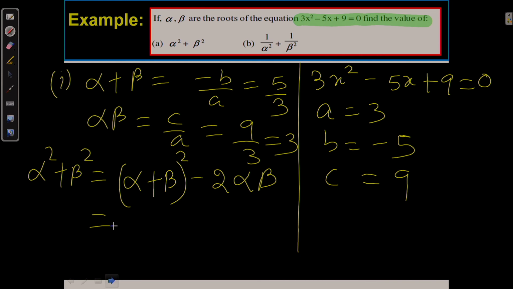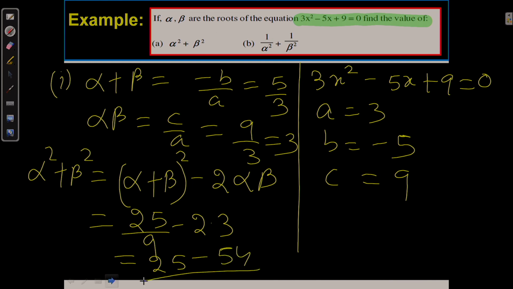So 5 by 3 whole square, I can write 25 by 9 minus 2 into 3. Okay. So when we solve, you will find 25 minus 2 into 3, 6, 6 into 9, 54, divided by 9, you will find minus 29 divided by 9. That is the value of alpha square plus beta square.